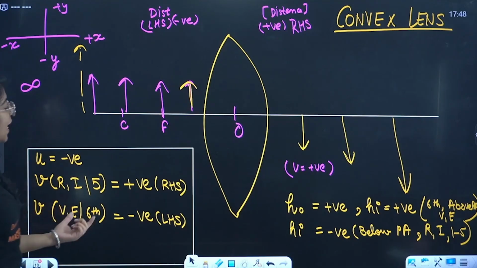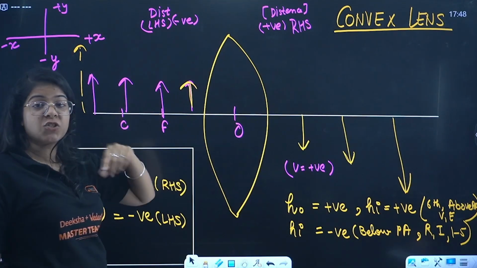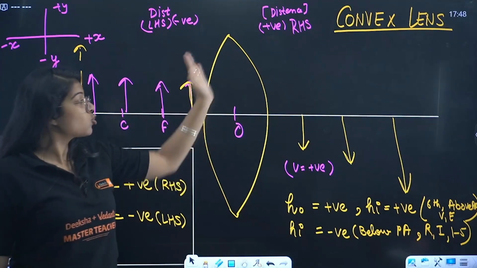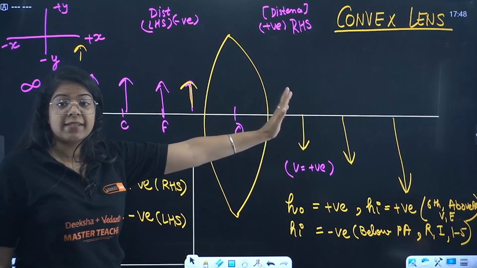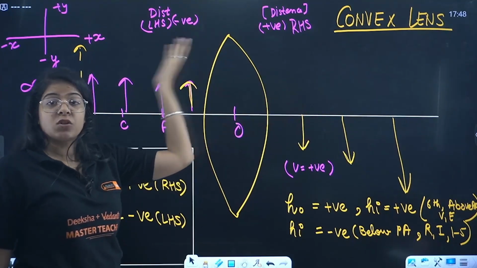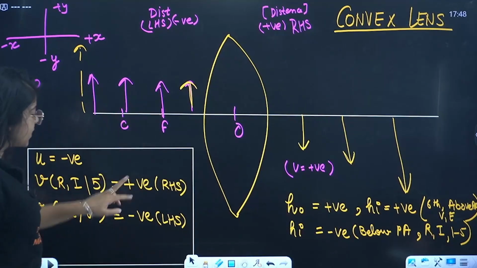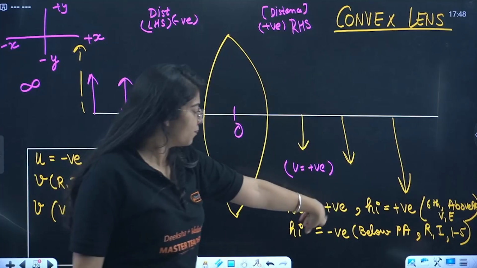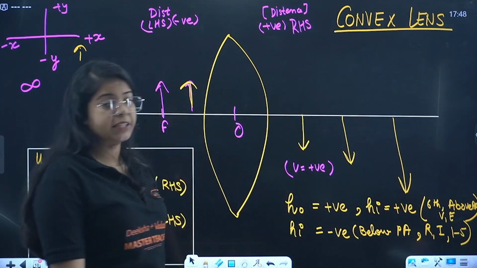Then for virtual and erect, the sixth case, the stupid case, just like concave mirror, we have convex lens. In the mirror, the stupid case image was on the right hand side, but in lenses, the stupid case is on the left hand side. So this will be negative. This is just opposite of what our mirrors were.